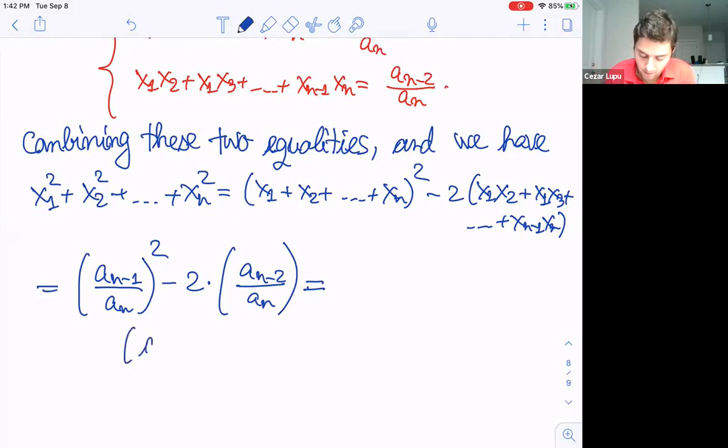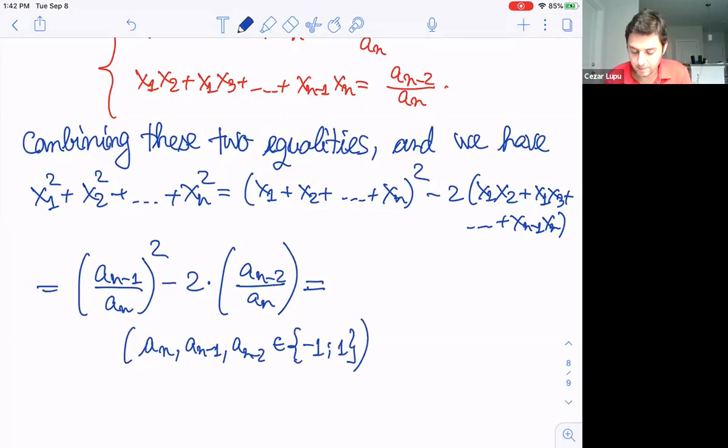So if ai, a(n-1), and a(n-2) are in this set, so this guy will be equal to what? If we look at it, can you tell me? It will be 3.